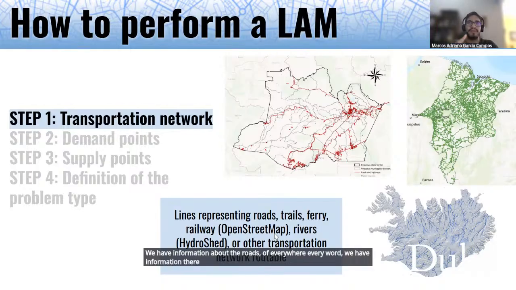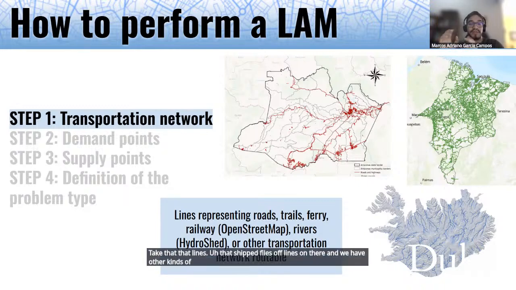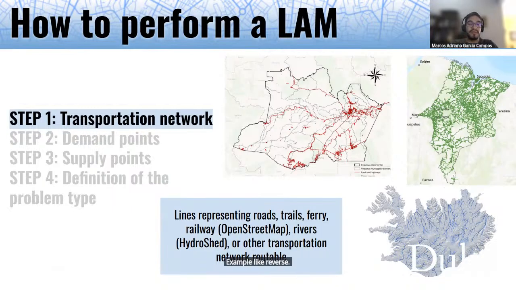But I think from Google Maps we can also take those lines, those shape files of lines. And we have other kinds of transportation networks, for example rivers, and we can find the rivers data set on HydroSHEDS, which is also a public data set, and we can download from there the information of the rivers or any kind of routable transportation network we can use here.